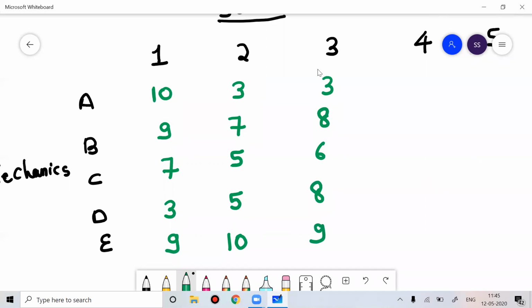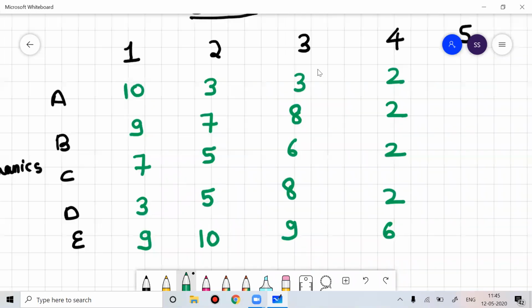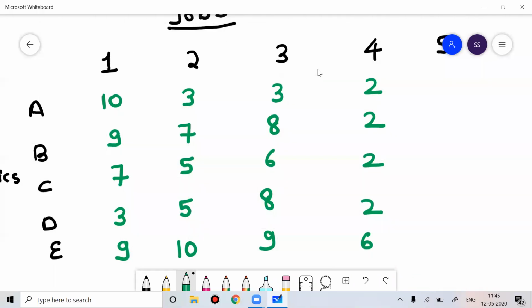Then you have 2, 2, 2, 2, 6. And similarly for job 5, the cost involved is 8, 7, 4, 4, and 10.